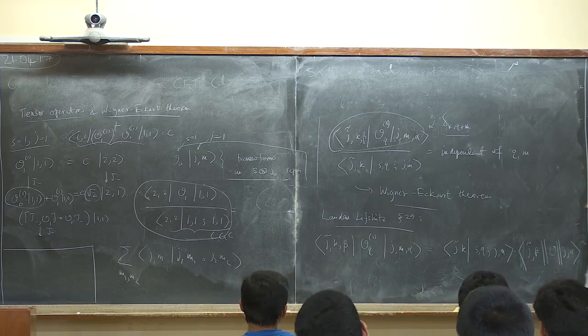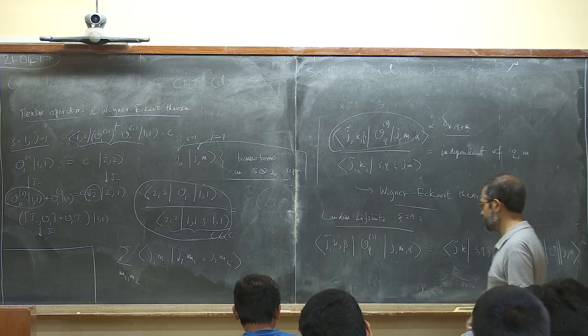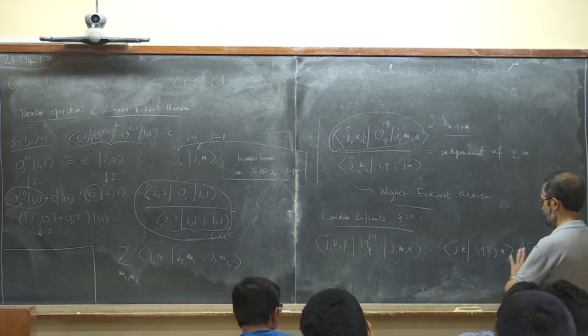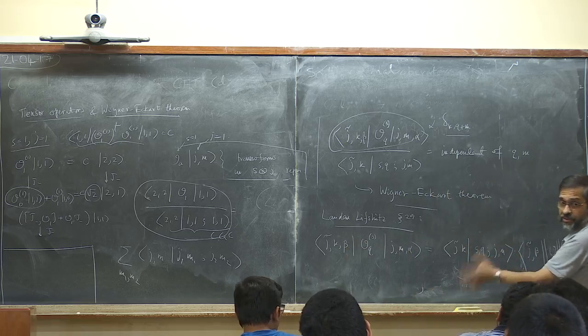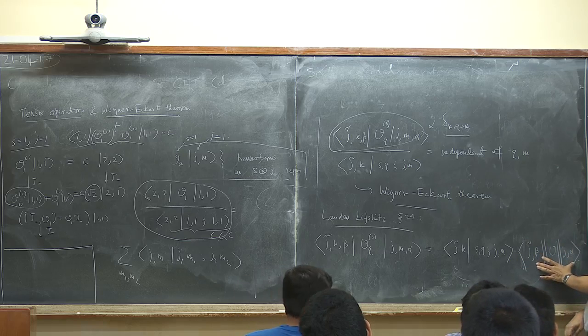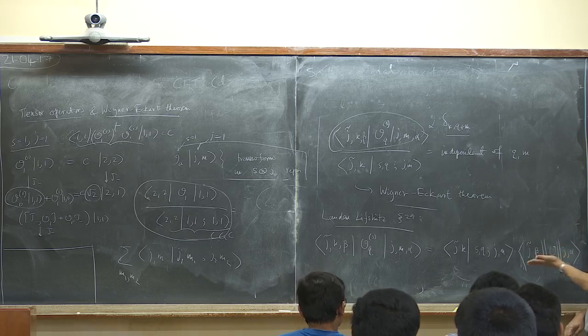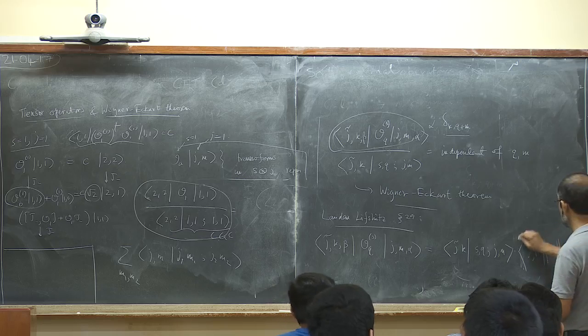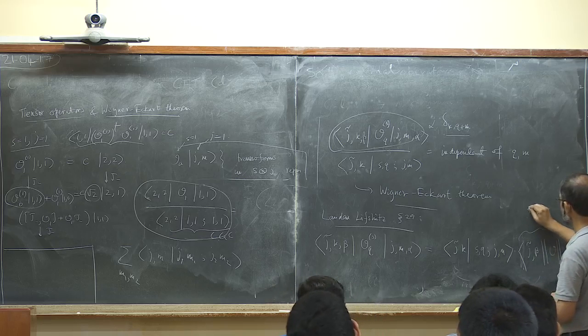That is to say, the M and Q dependence of this matrix element are in some group theoretic stuff that's known. The rest of it can depend on these other quantum numbers like alpha and beta, and it can also depend, of course, on J and J tilde. And this is called a reduced matrix element.